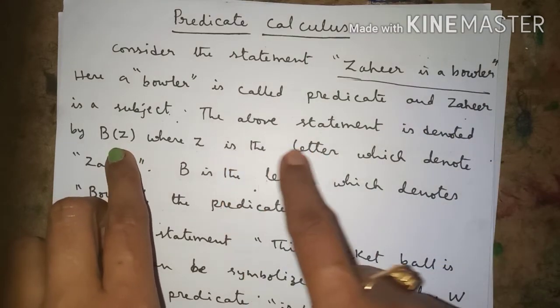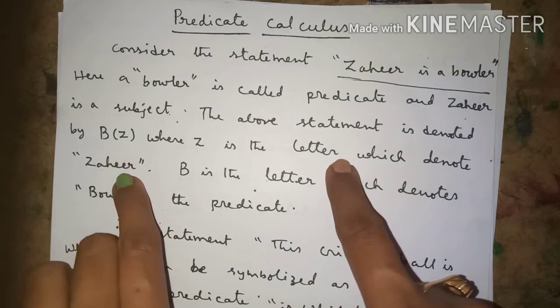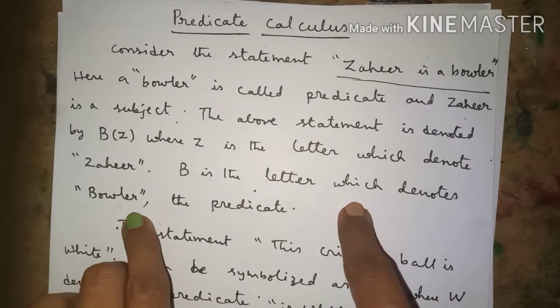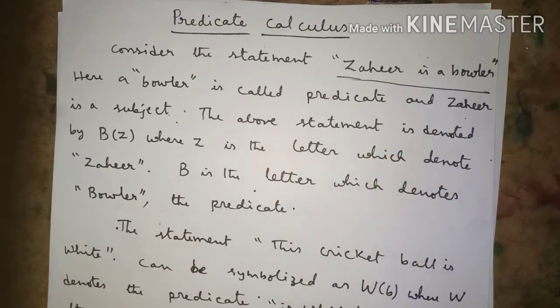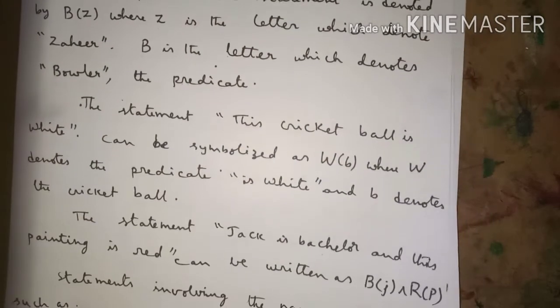Here Z is the letter which denotes Zahir, and B is the letter which denotes the predicate. B of Z means Zahir is a bowler.